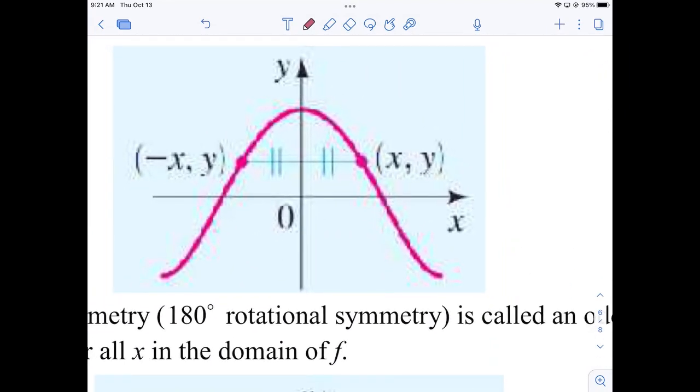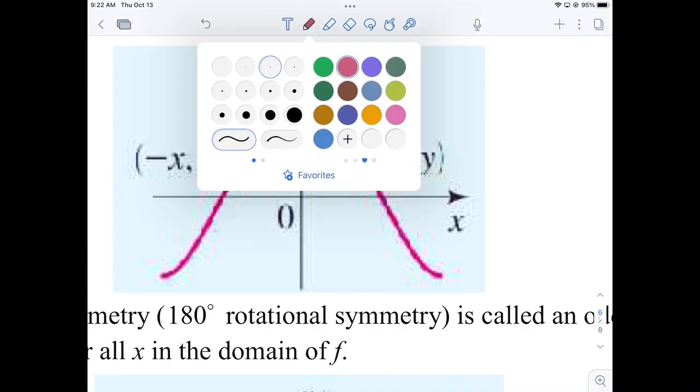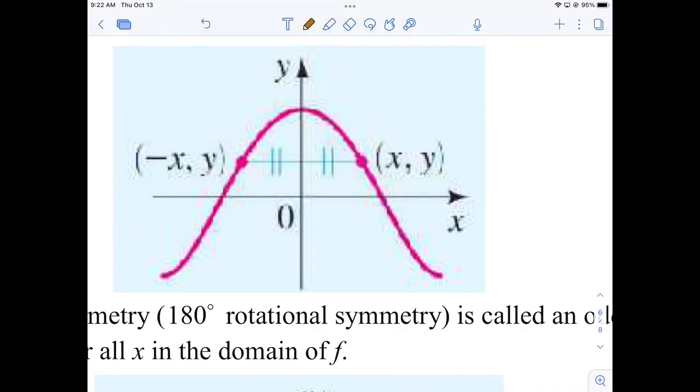Now there's a test for it. Algebraically is where we're heading, but visually, if you have a graph, it's real easy. The y-axis symmetry is that folding symmetry, bilateral symmetry. If you fold it on the y-axis, does it coincide? Well, the manifestation of that is that if I plug in a positive x, I get out a value called f of x.